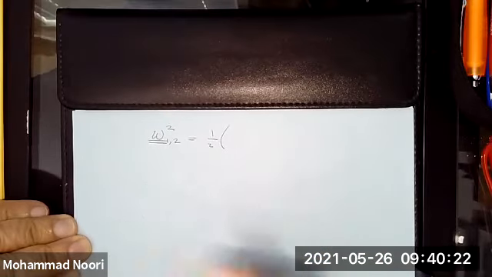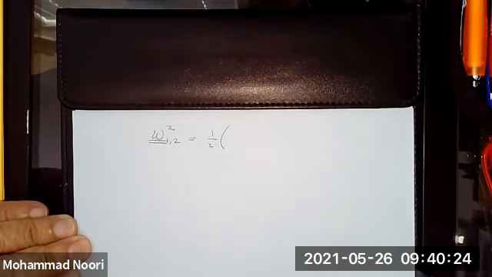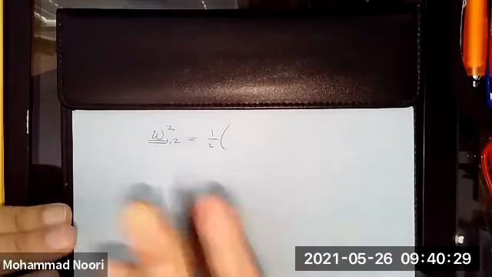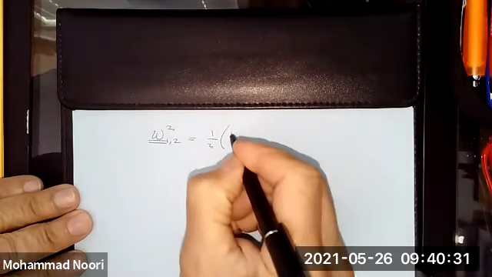The quadratic equation, right? Minus b plus or minus square root of b squared minus 4ac over 2a. If you apply that, this is what you get.